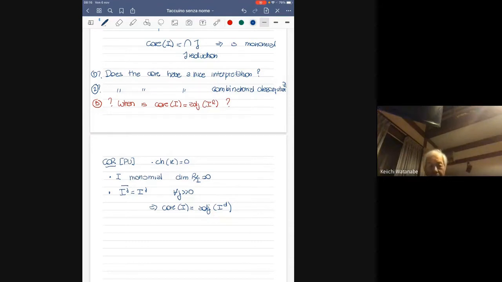Now, another class of monomial ideal for which we can actually compute the core, and the core does give us the adjoint, is, this is work also with Vitulli, the case in which you consider a polynomial ring in just two variables, x1, x2, and you have the ideal I, which you can always write, without any condition, by extracting a monomial, which could be 1.